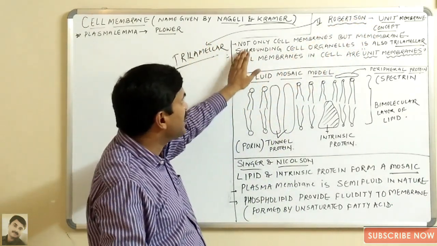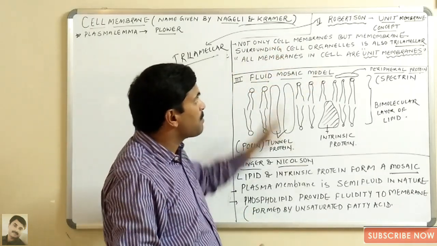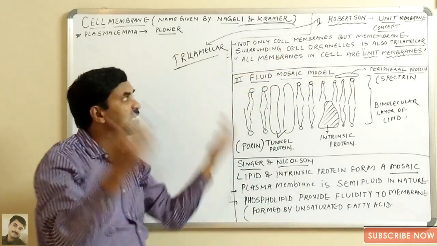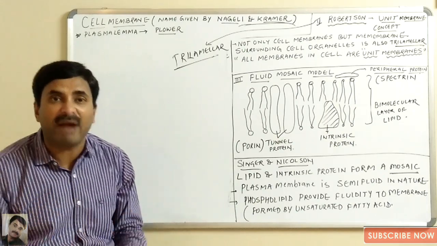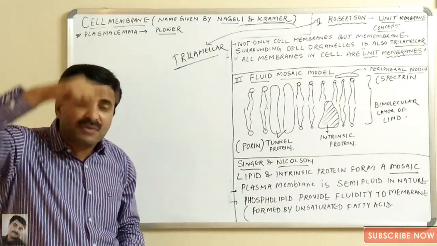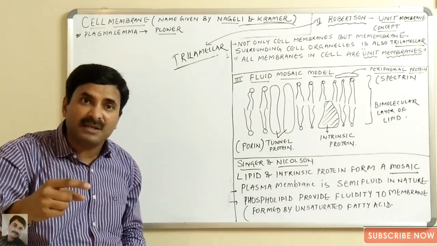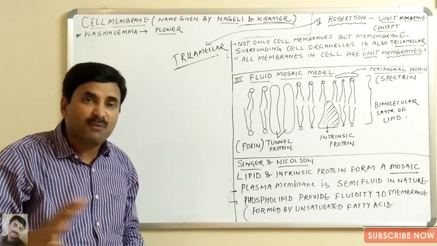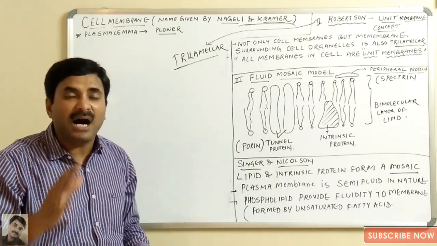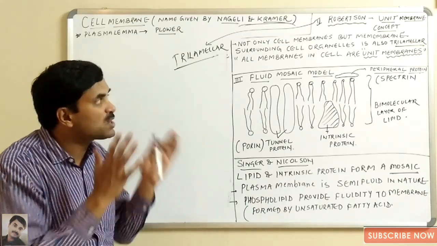He says that not only the cell membrane but also the membranes surrounding the cell organelles are trilamellar. The membrane surrounding the cell is definitely trilamellar, but all the membranes found in the cell have the same structure.